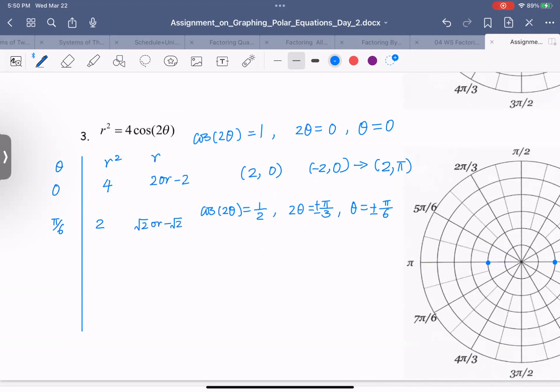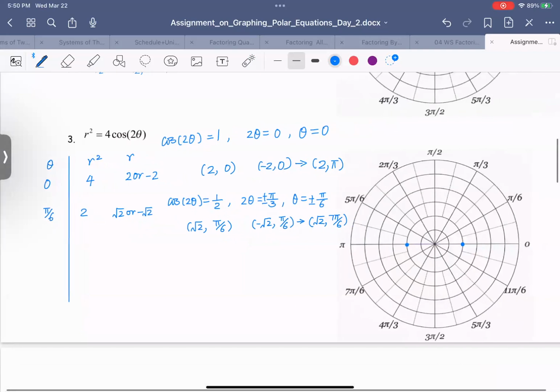Make sense? So if it's positive square root 2, then the angle will be pi over 6. When it's negative square root 2, the angle is also pi over 6. Then you flip this negative square root 2 to be positive square root 2, and you add a pi. So this is 7 pi over 6. Makes sense?